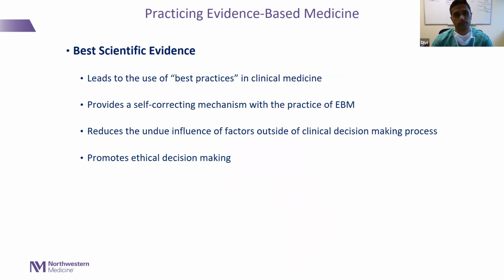And this leads to the use of best practices guidelines in clinical medicine. For example, we have best practices guidelines for spine trauma. What should a surgeon do with a cervical fracture dislocation, or similarly a lumbar spine trauma, or then there are other guidelines for, let's say, cervical myelopathy or cervical radiculopathy.